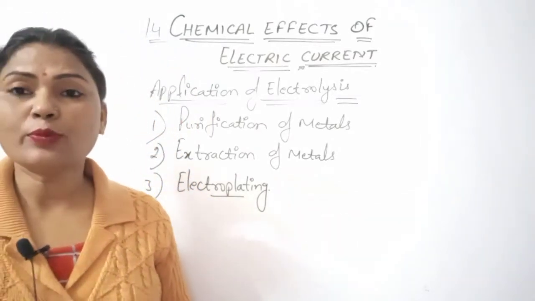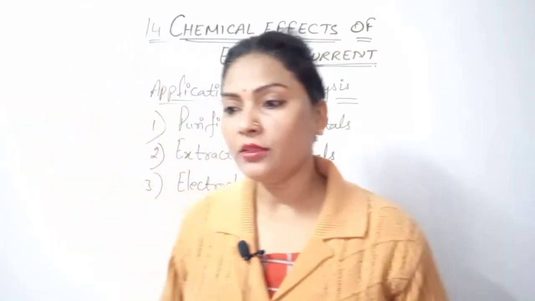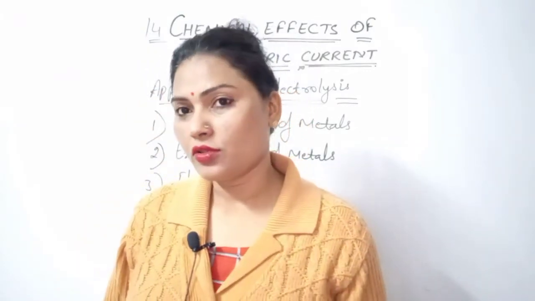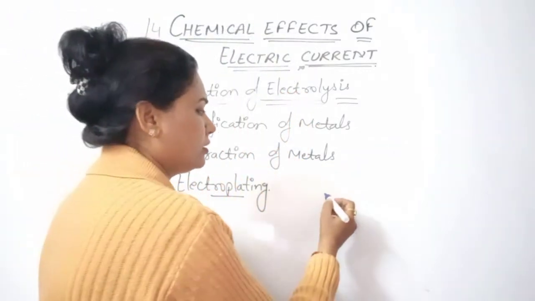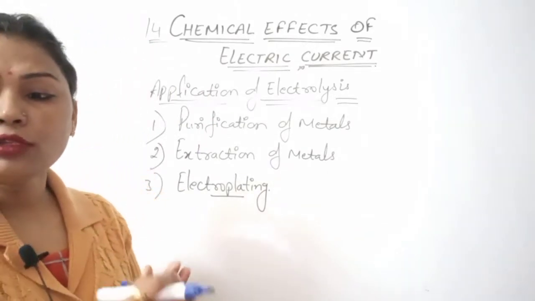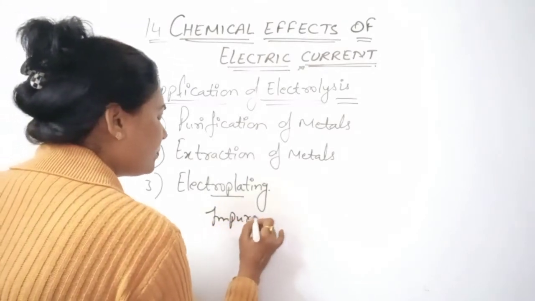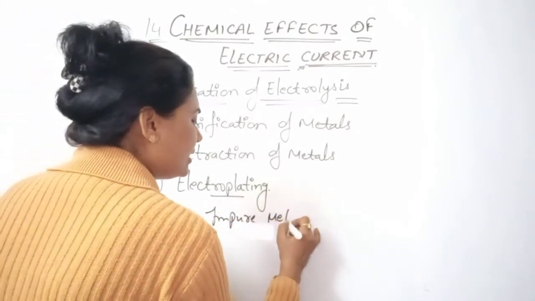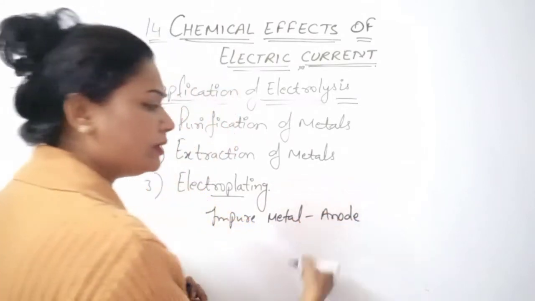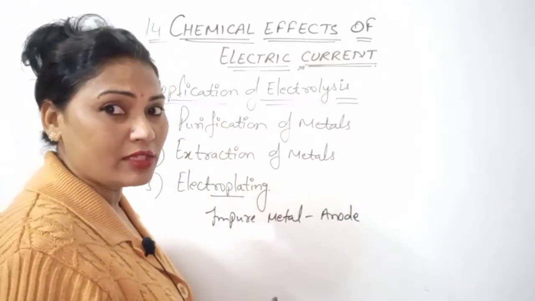For this purpose, the impure metal is made the anode, and a pure metal strip is used as the cathode. The impure metal is the anode, which means it will be connected with the positive terminal of the battery.